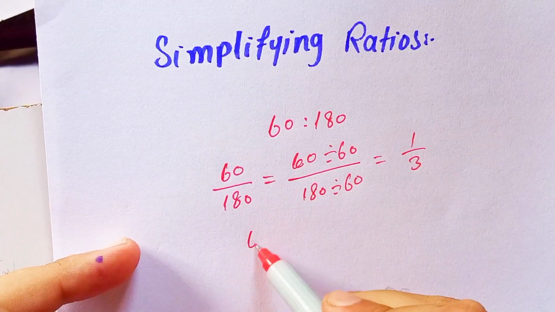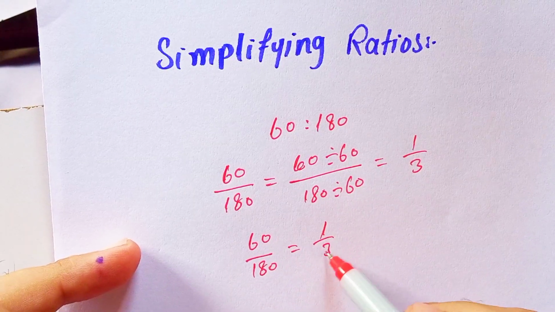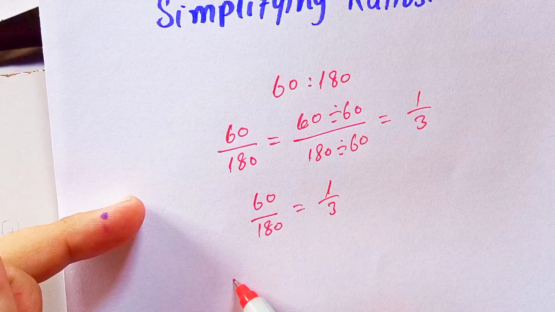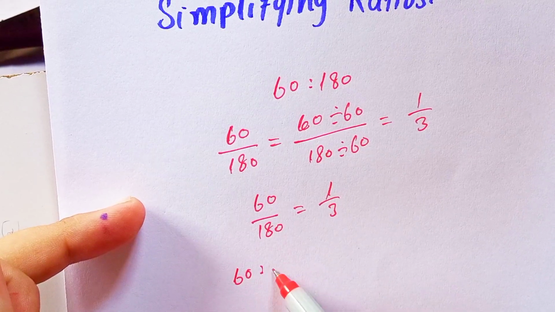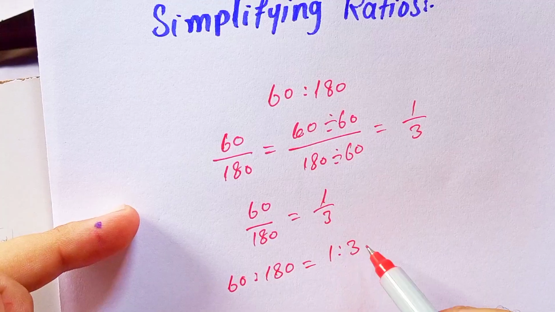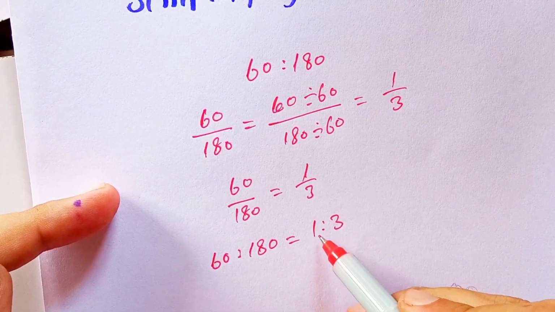So 60/180 is equal to 1/3. In this way we can simplify the ratio. The ratio of 60 to 180 is equal to 1/3.